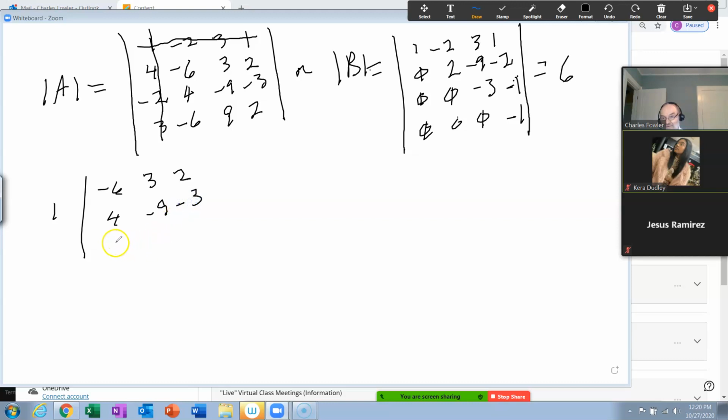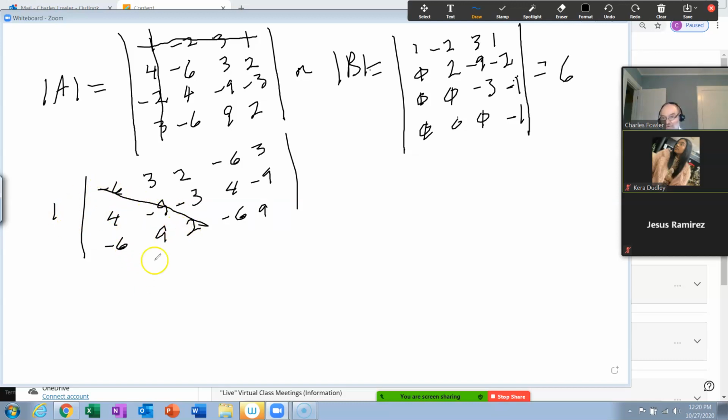I'm not doing cofactor, I'm doing it the easy way, expanding the first two columns. It's still going to be a pain, I promise you that. So let's do it. Down diagonal here, we know the 1 is just going to be a 1.